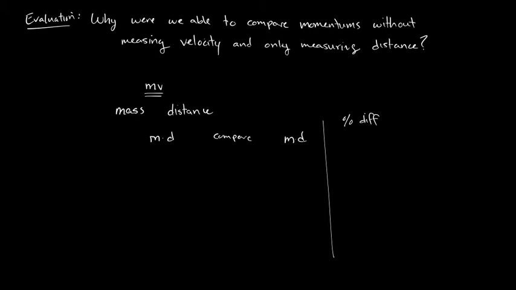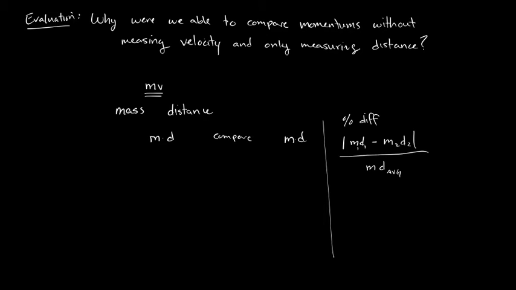Now, if you don't know how to do that, I would like it done in this way. This would be a calculation of percent difference. Find out how far apart they are and divide by the average of the two.